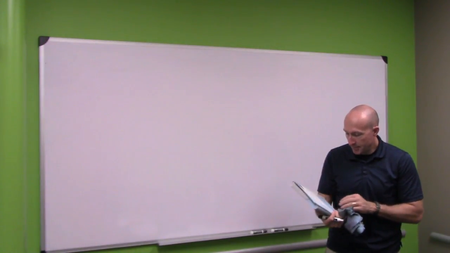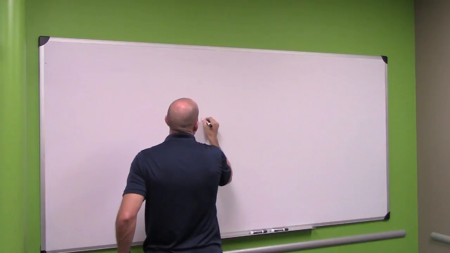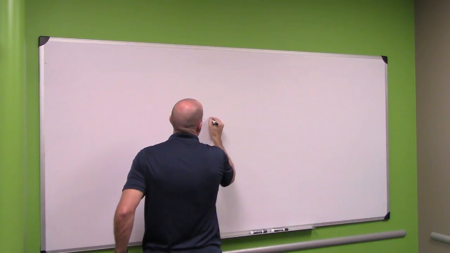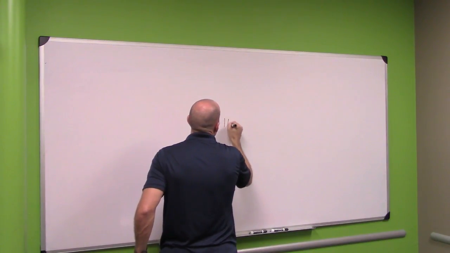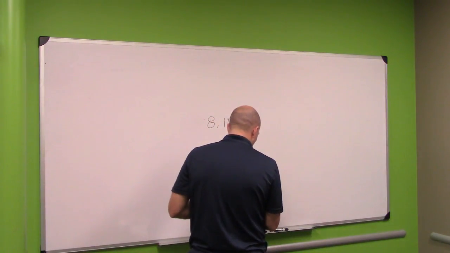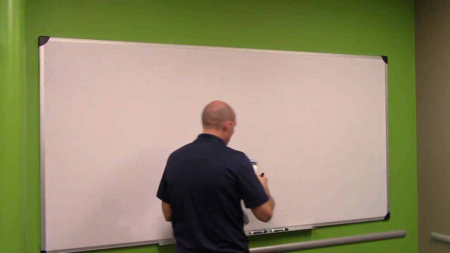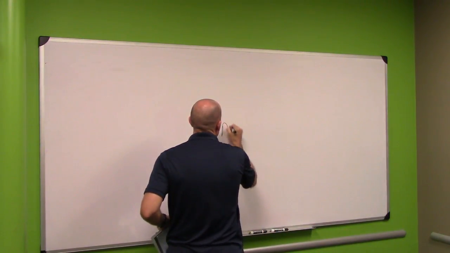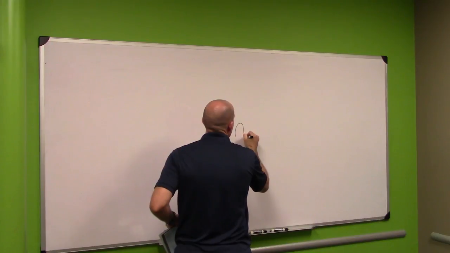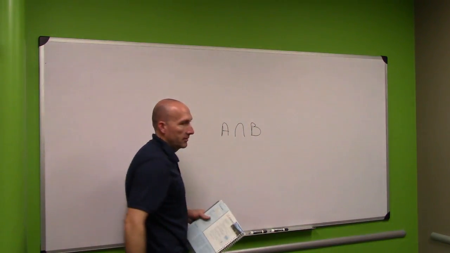Now, we can say that 8 and 10, well, let me back up. I don't want to do that just yet. We can say that A, and I'm going to show you what the symbol is. What does this symbol mean here?